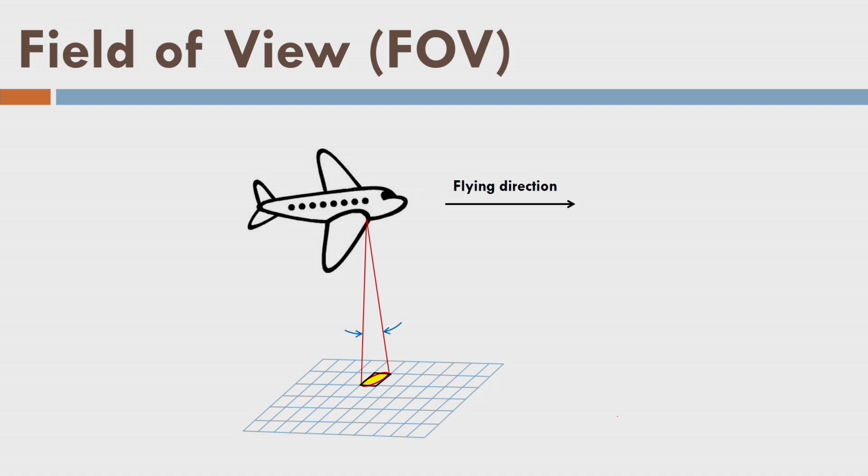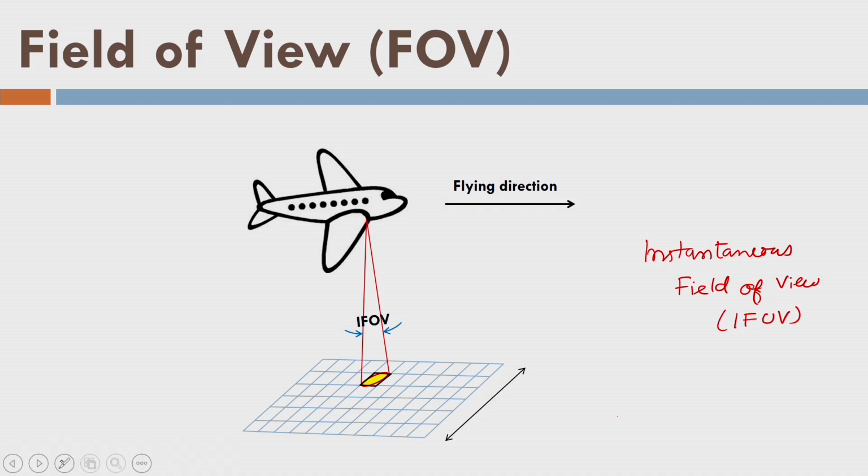Each pixel subtends an angle at the camera perspective center. The angle subtended by one GSD or one pixel on the ground is called the instantaneous field of view, or IFOV. This distance, which is across the flying direction, is called swath or swath width. Both names are popular; both are the same.